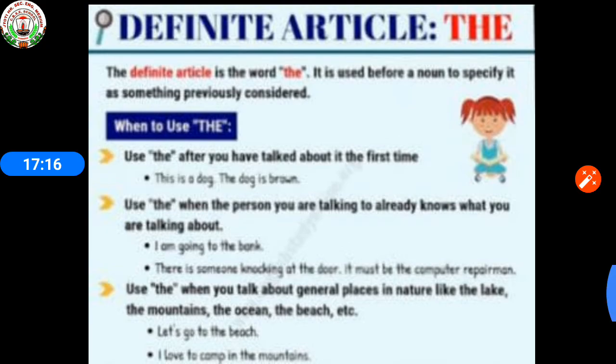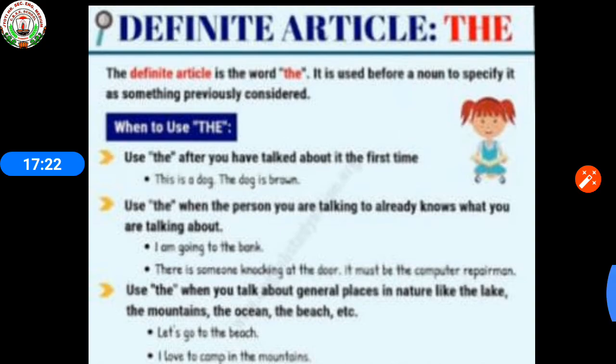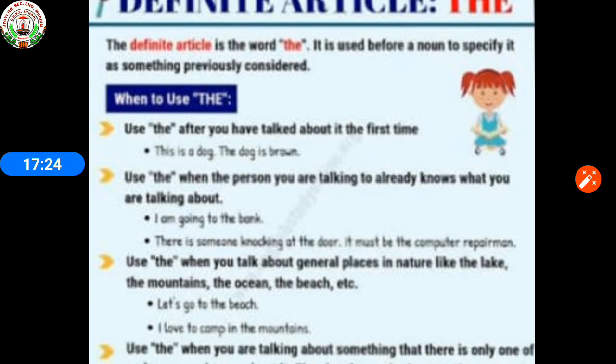So here we see when we use the. We use the after you have talked about it the first time.